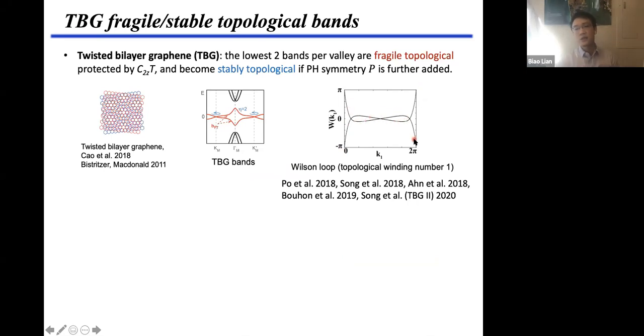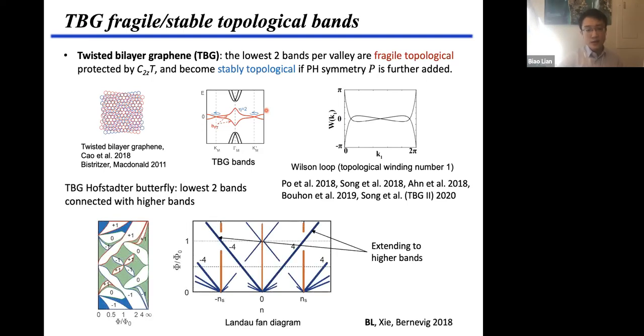This is basically the fragile topological index of the system. And we actually showed this topology is stable if we notice that twist bilayer graphene also has a particle-hole symmetry.